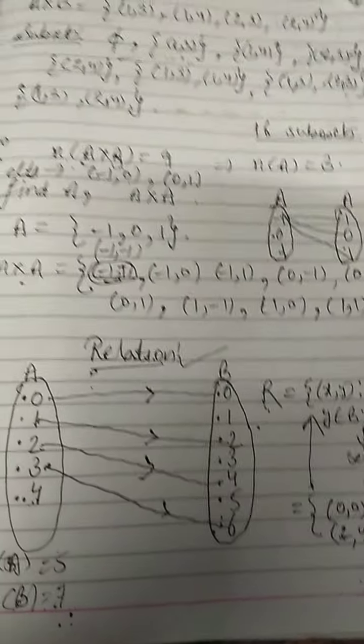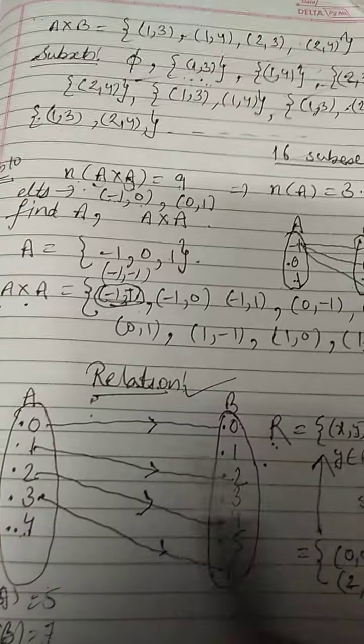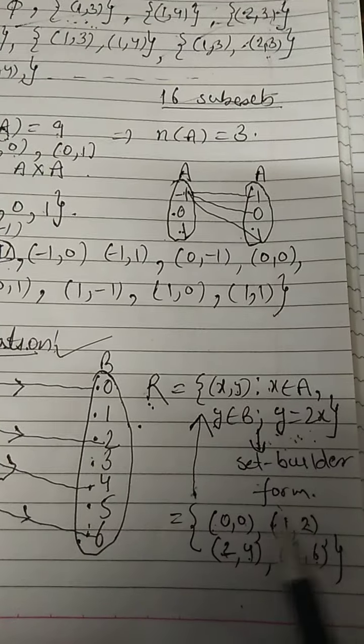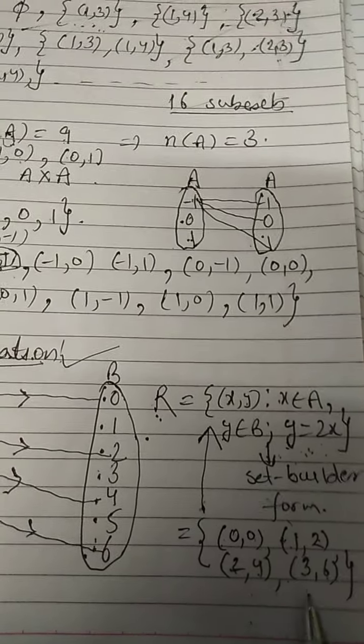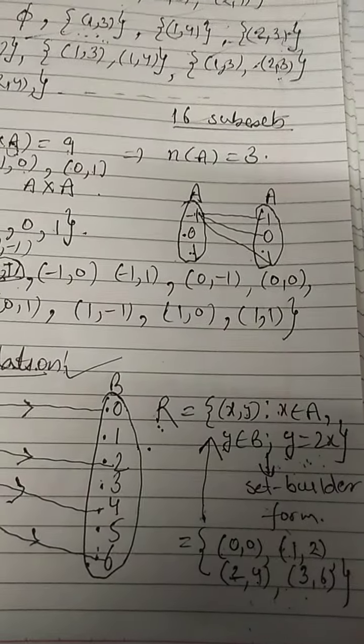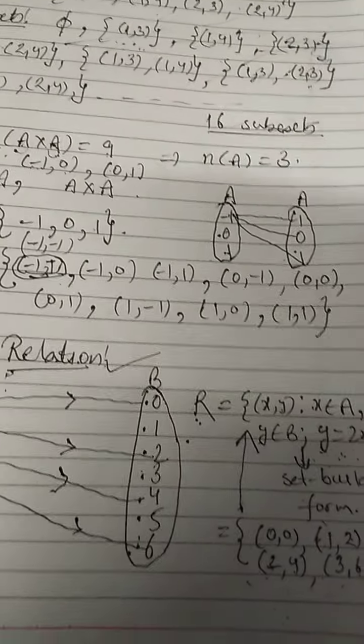Right? Now tell me one thing, if I take all the possible combinations here, definitely (0, 0) will be there, (0, 1) will be there, (1, 2) will also be there. So these ordered pairs which we are writing here are present in the Cartesian product of A and B also. So in other words, it means this relation is a subset of the Cartesian product.